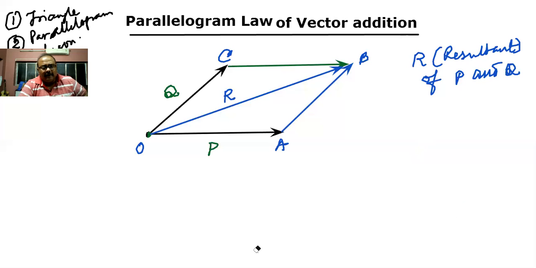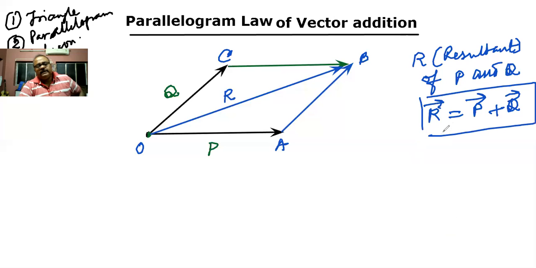So what can I say? I can also say that vector R is equal to vector P plus vector Q, because I have already told you this is the approach of addition of two vectors. Another interesting thing, children: in the basic concept of a parallelogram, opposite sides are equal and parallel.